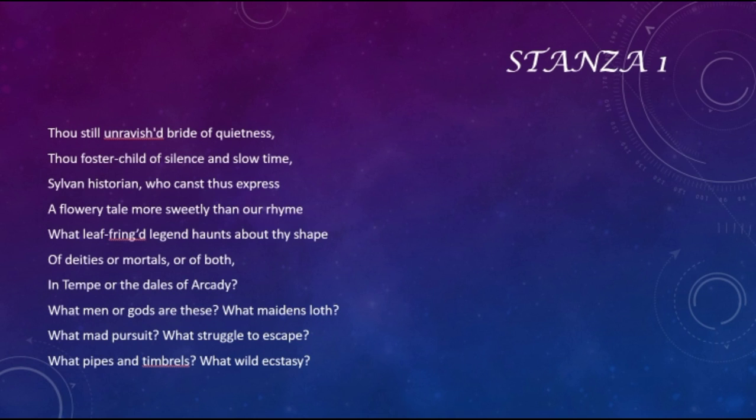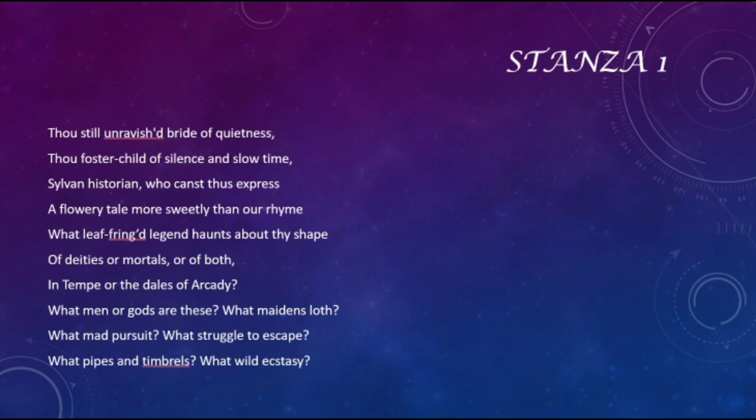By these lines, the urn is describing a natural scene more beautiful than a poem can. The poet then raises a series of questions, and the series of questions starts with: what leaf-fringed legend haunts about thy shape, of deities or mortals?